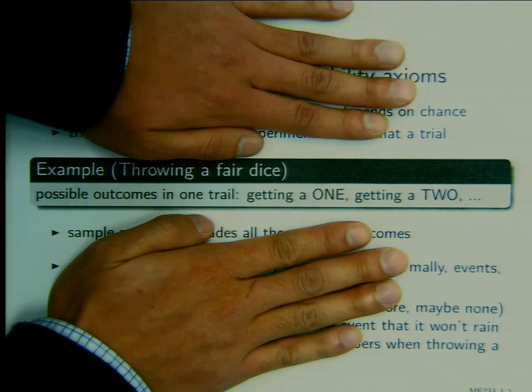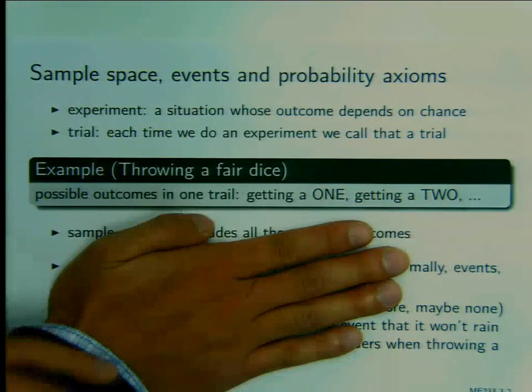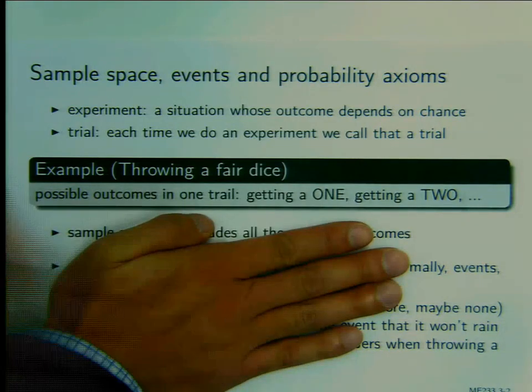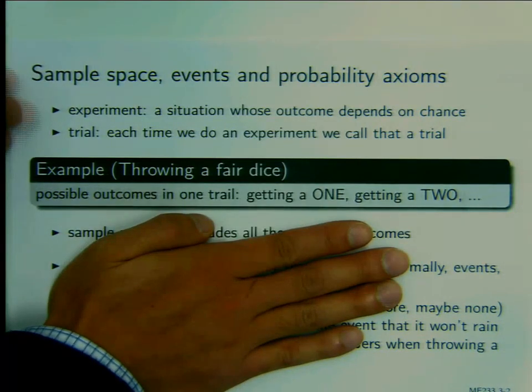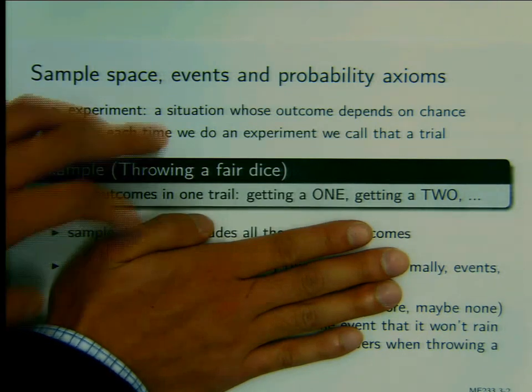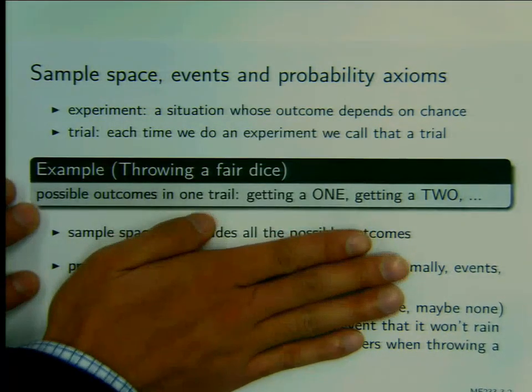It's random, right? So in more professional language, we say an experiment, such as one like this, is a situation whose outcome depends on chance. And each time we throw a dice, we call it one trial. So each time we perform an experiment, we call that one trial.